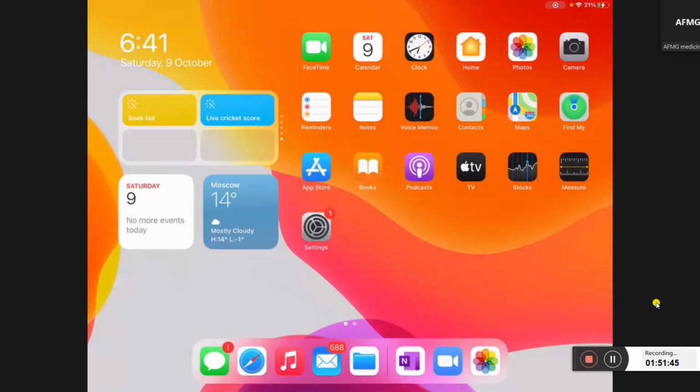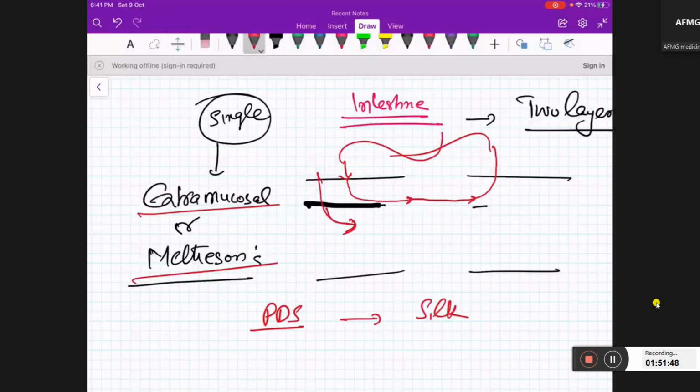Then we enter from the opposite side, again not taking mucosa in the bite, and come out. So this is called extramucosal repair or Matheson's repair. Okay?